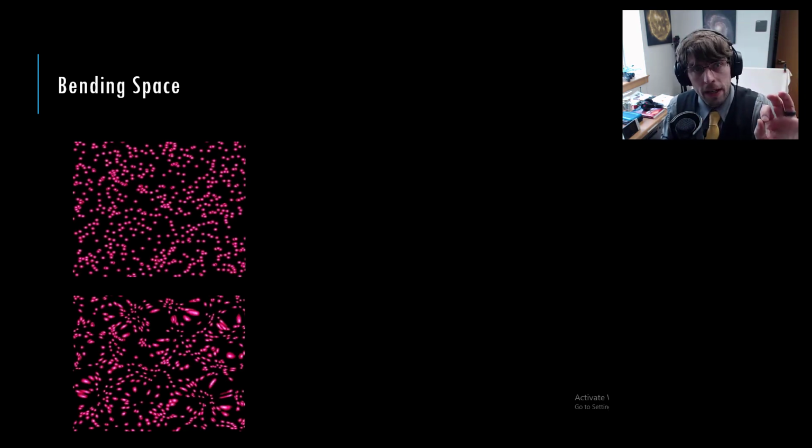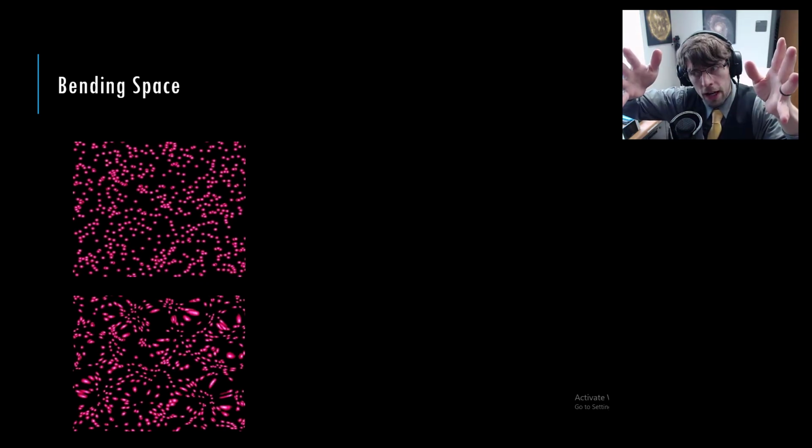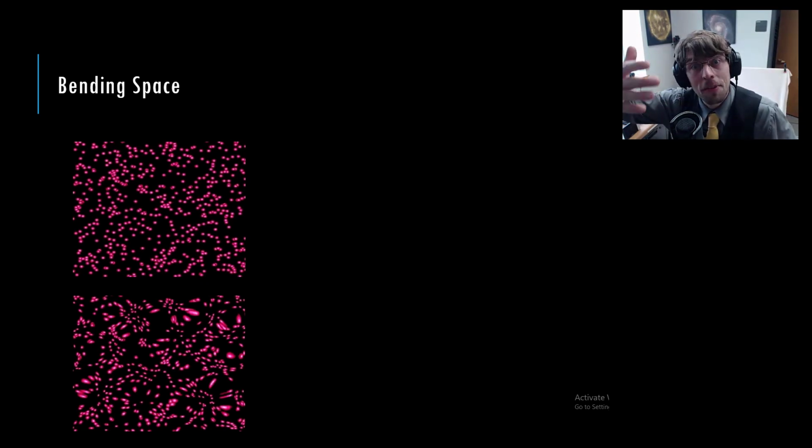The warping of the shape of that object tells us something about the mass that is between us and that object, even if we can't see it. We are looking at the gravitational effects on light. So this is how we map out dark matter.